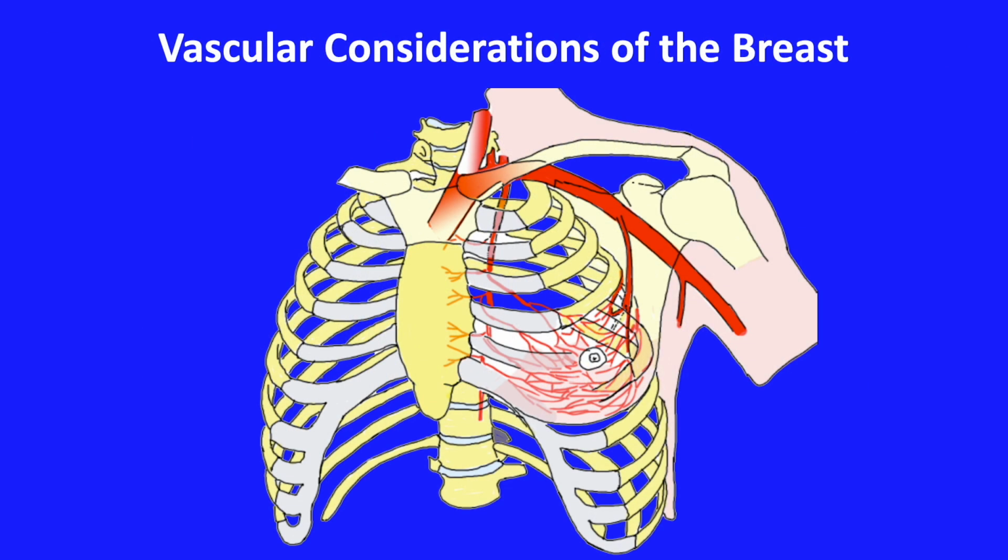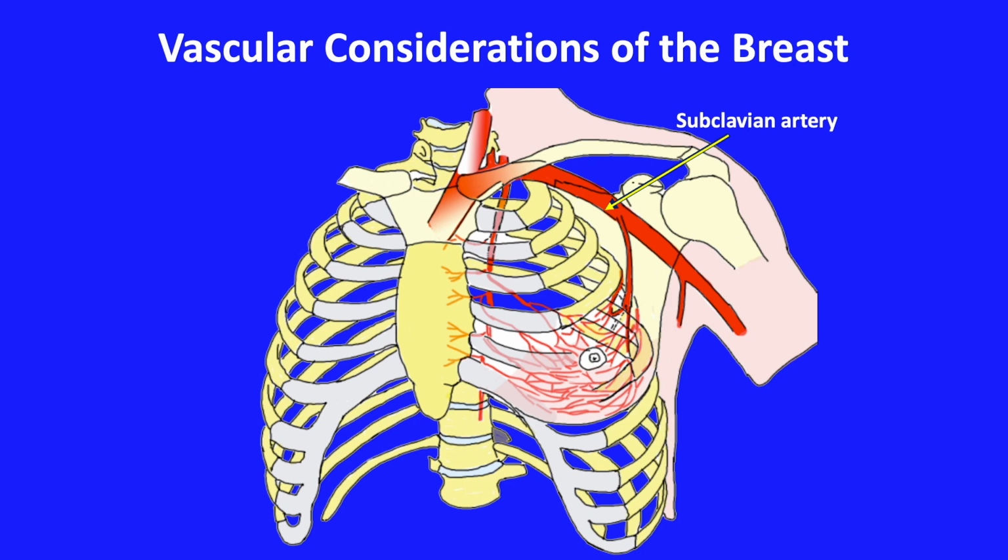Given that the breast needs to be metabolically active during lactation, it is not surprising that it receives a robust arterial supply. These branches arise from the subclavian artery, the right and left subclavian arteries, although only the left one will be shown in this example.